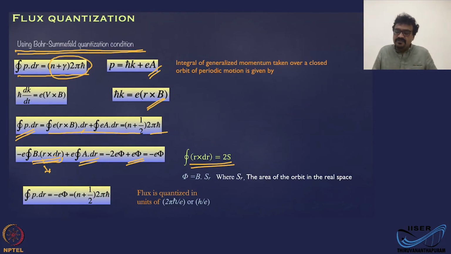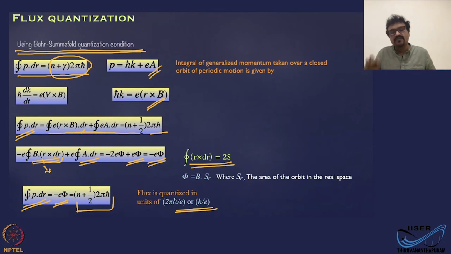So when you substitute all these, what you are going to get is minus e times Φ. That's the ∮p·dr, that is minus eΦ, but that is given by this quantization condition. So from this, what you can write is that the flux enclosed, Φ, is actually quantized in h by e.